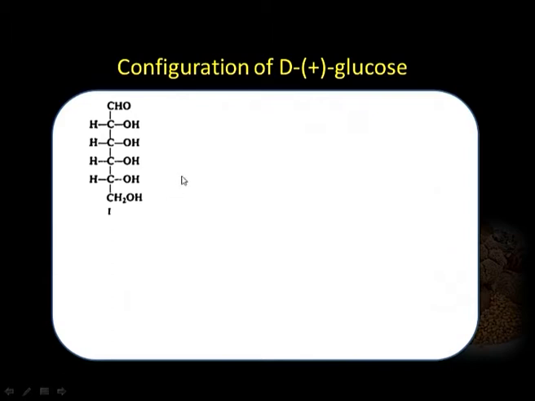So he took the idea on that basis that for D plus glucose we will take this hydroxyl on the right side, and on this basis we will be able to write 8 structures. D plus glucose is either one of these 8 or otherwise it will be one of the mirror images of these 8 configurations. He wrote that first all the hydroxyls are on the right side, then next is its epimer.